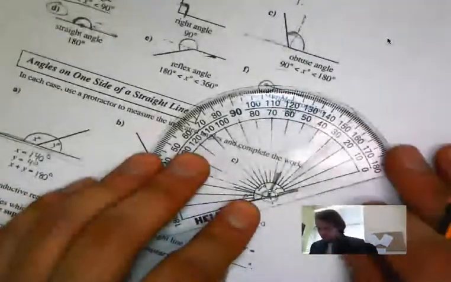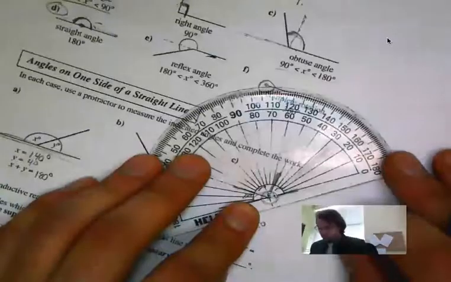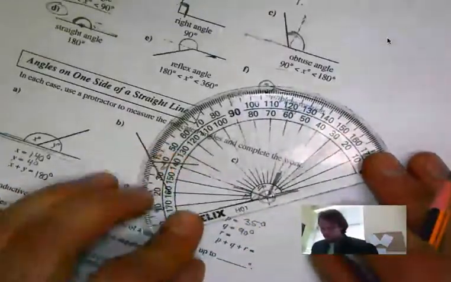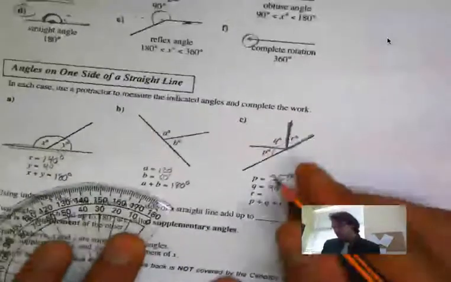Is that right? 55, yep. And angle P, I'm just going to double check angle P, 35. Yeah, so we have 55.